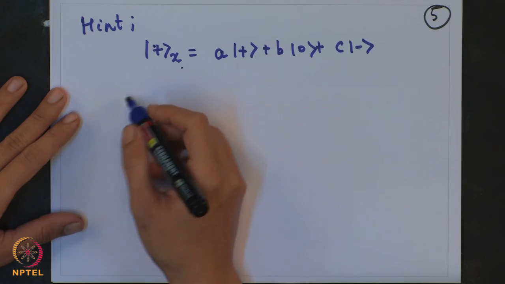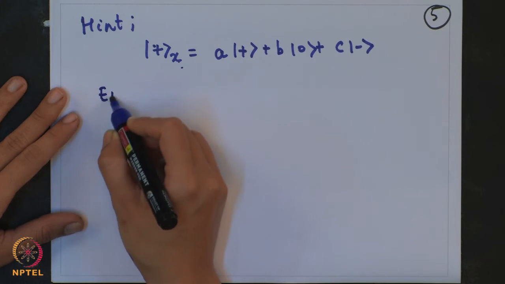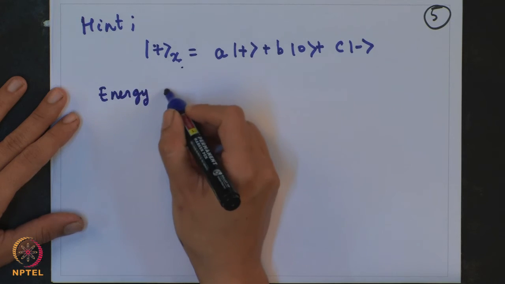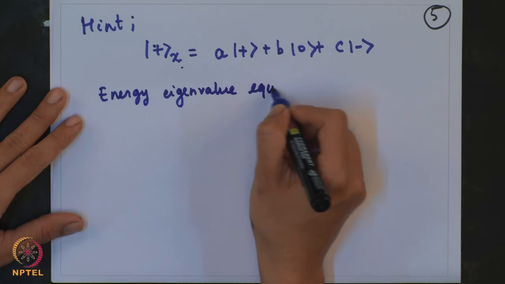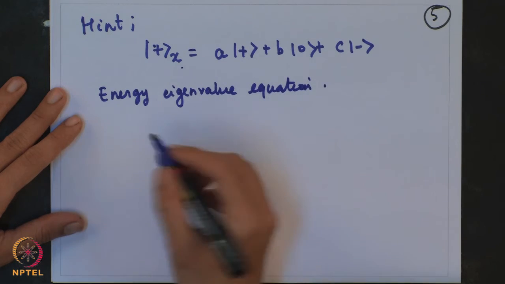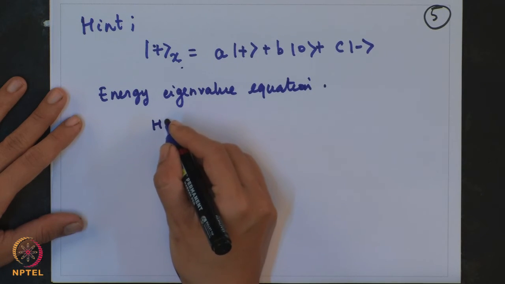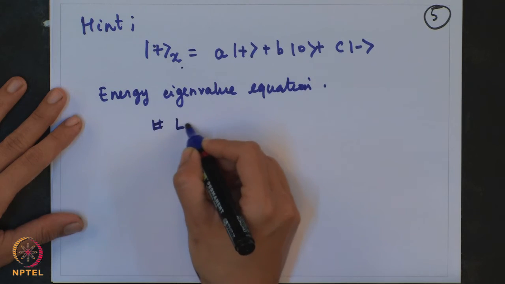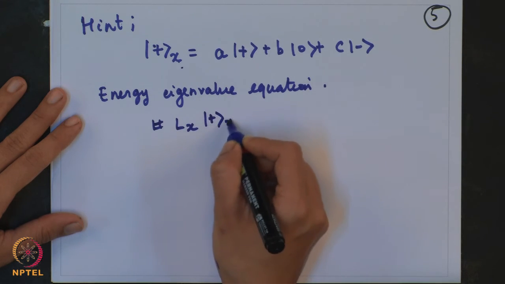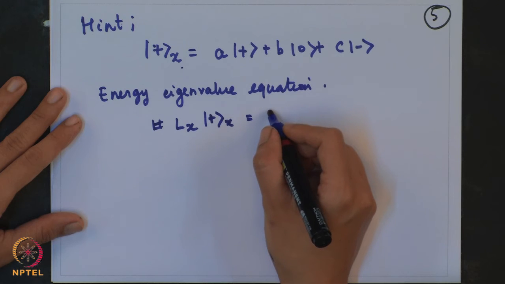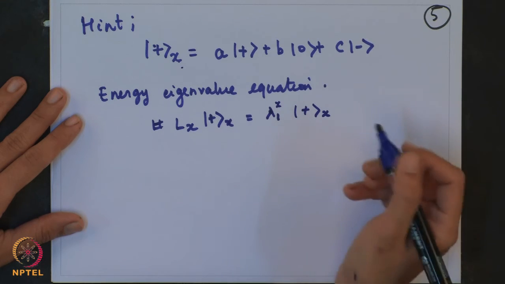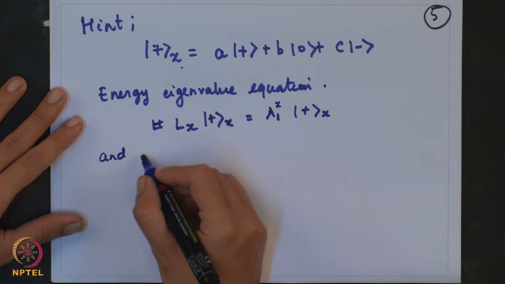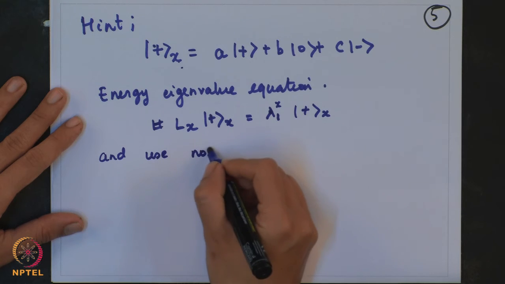Simply, you can use the eigenvalue equation, that is, Lx acting on plus x is equal to the eigenvalue, say lambda 1, times plus x, and you will use the normalization condition.